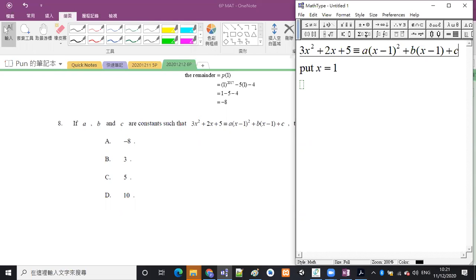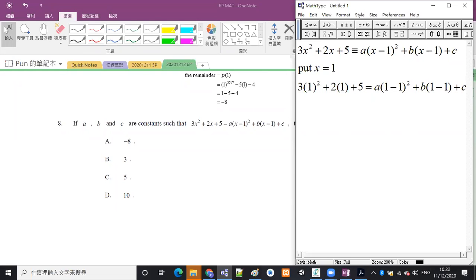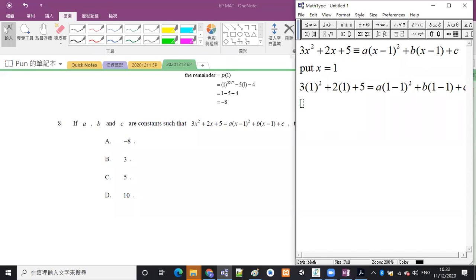So when we put x equals 1, left-hand side is 3 times 1 squared plus 2 times 1 plus 5. And it should be equal to A times (1 minus 1) squared plus B times (1 minus 1) plus C, right? But these two brackets will magically kill the unknowns A and B. Okay, and left hand side, 3 times 1 square plus 2 times 1 plus 5 is 10.